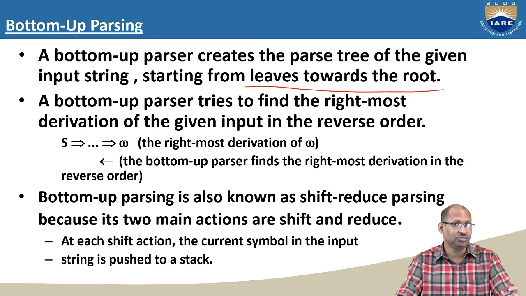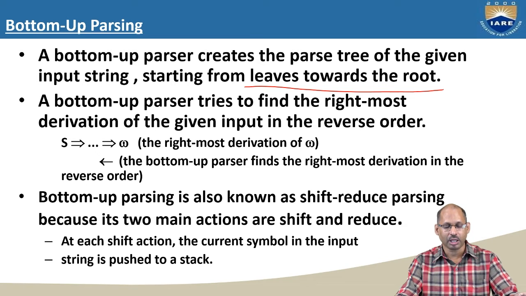In top-down, first we consider the root, and from the root it considers the leaves. That is a top-down parsing method. The bottom-up parsing method constructs the parse tree from the leaves to the root.